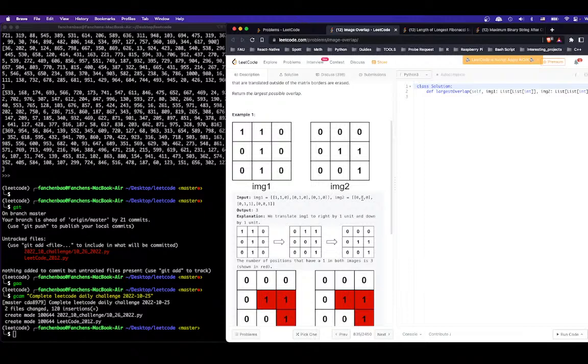And all the AND value. So we AND, then we're going to count the number of ones.